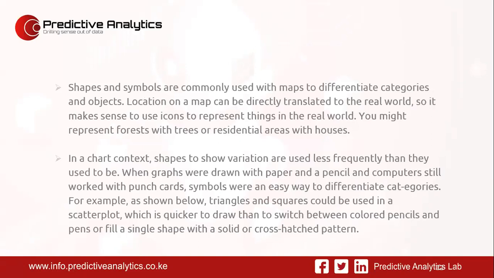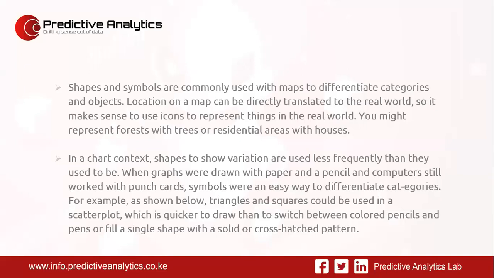In a chart context, shapes to show variation are used less frequently than they used to be. When graphs were drawn with paper and a pencil and computers still worked with punch cards, symbols were an easy way to differentiate categories. For example, as shown below, triangles and squares could be used in a scatter plot.